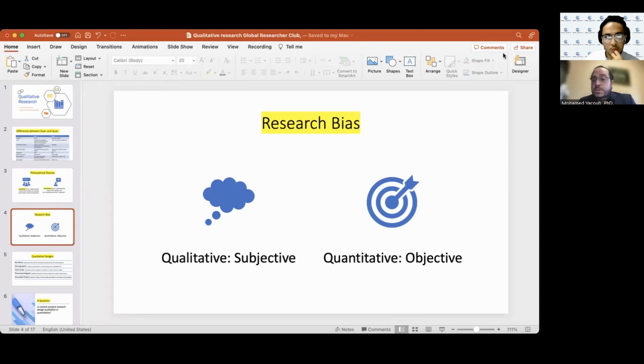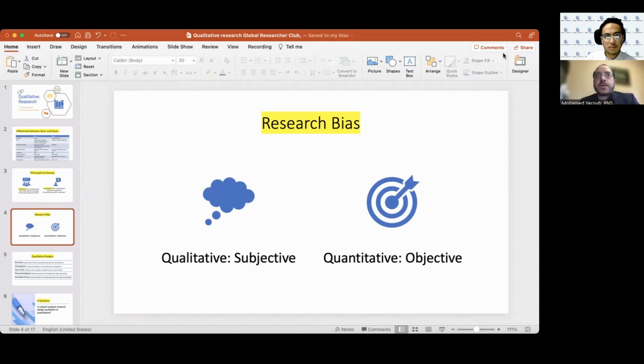Qualitative researchers believe that nothing could be 100% objective, because when we narrate things, we narrate them through perspectives. We put ourselves and our opinions in, whether we're aware of it or unaware of it, but it's there. So you cannot claim that something is 100% objective.